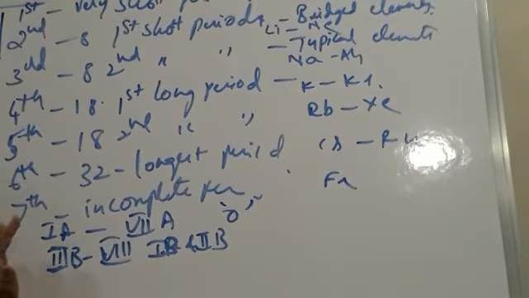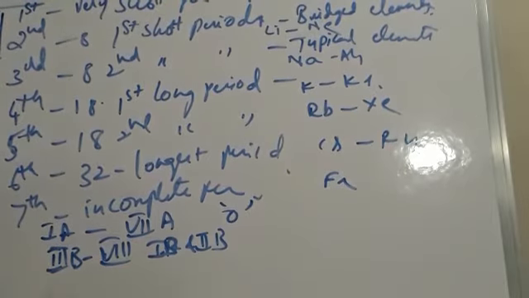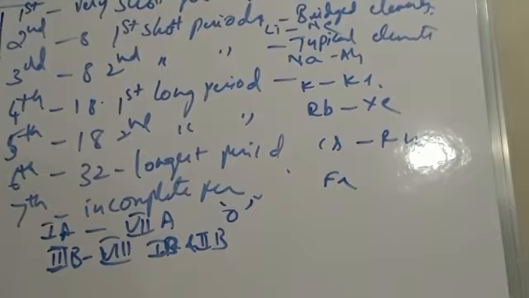So A group elements and B group elements: first A alkali metals, second A alkaline earth metals, third A boron family, fourth A carbon family, fifth A nitrogen family, sixth A oxygen family, seventh A halogens, and the 0 group elements.